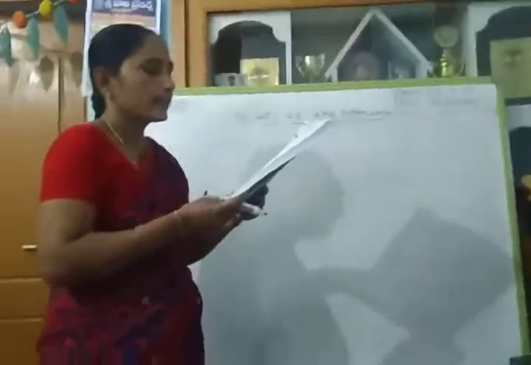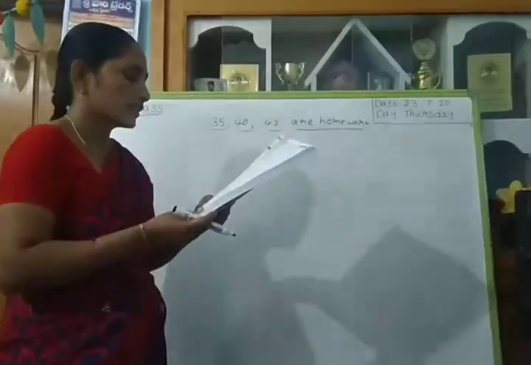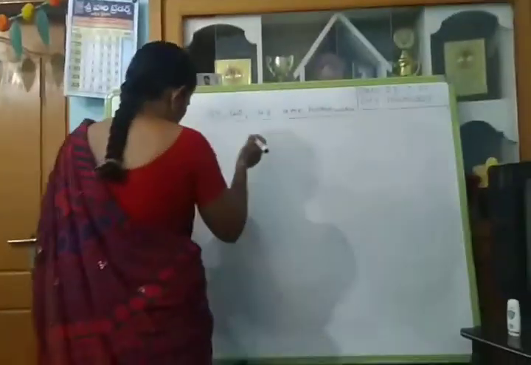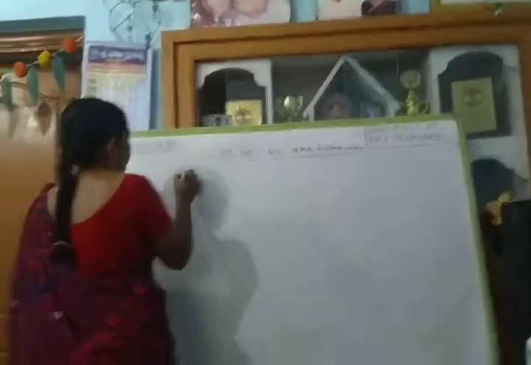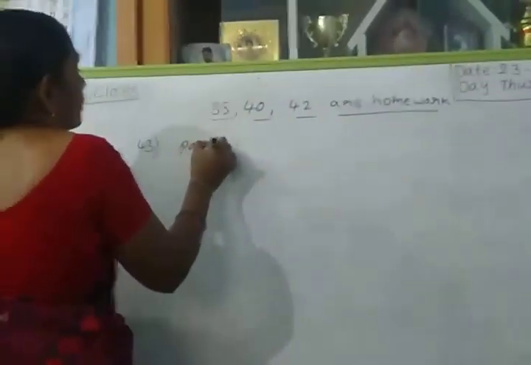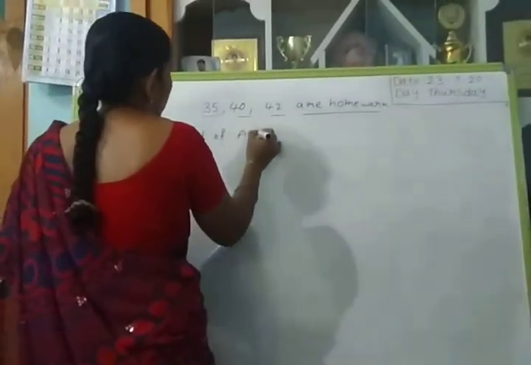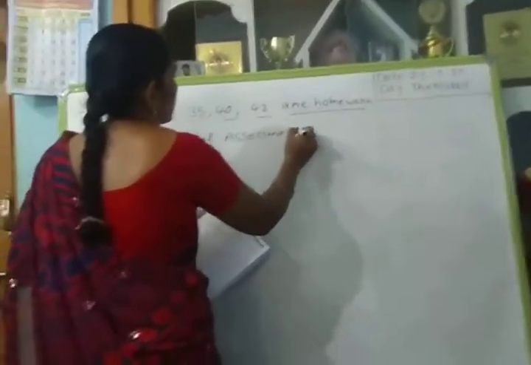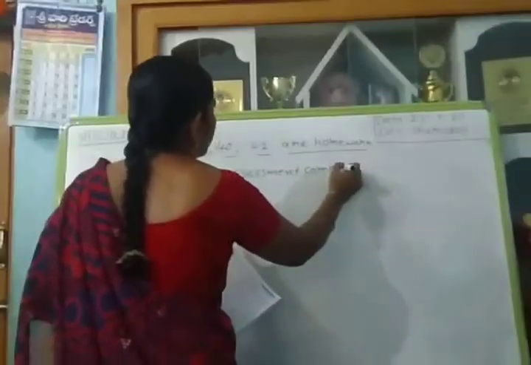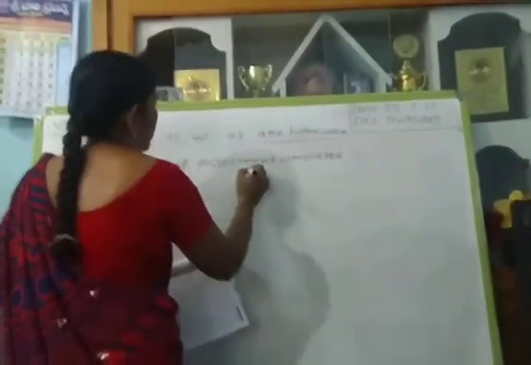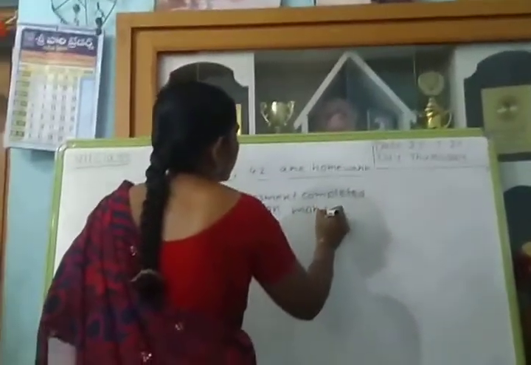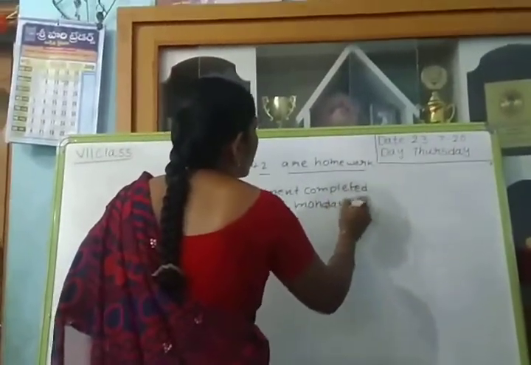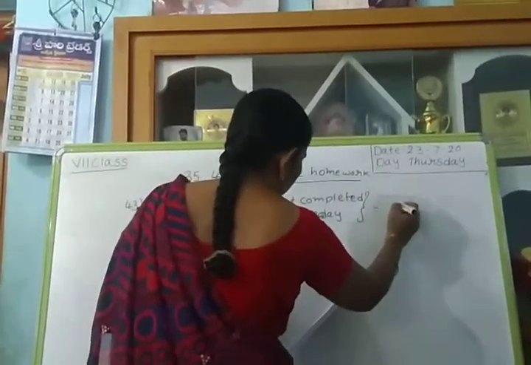Arshit completed 1/5 of his assessment on Monday and 3/4 on Tuesday. How much of his assessment did Arshit complete in 2 days? So, the part of the assessment completed on Monday: how much was completed on Monday? 1/5.